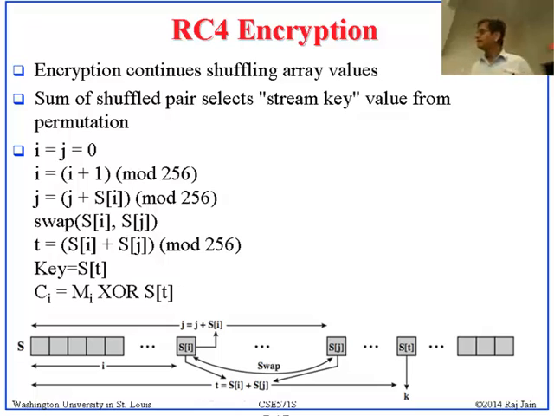We call it key here because that is what you exclusive-or to your plain text. If you are given 1 byte of plain text, you get this 1 byte and you exclusive-or and send it out.